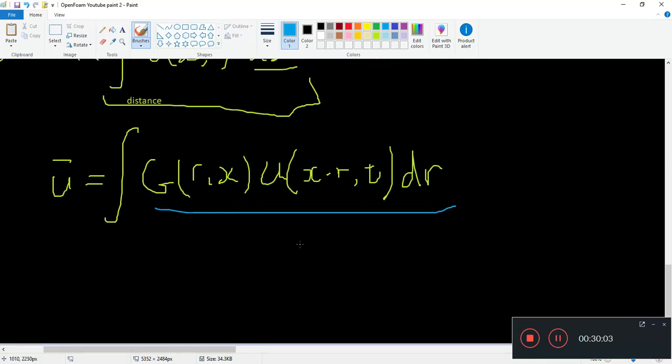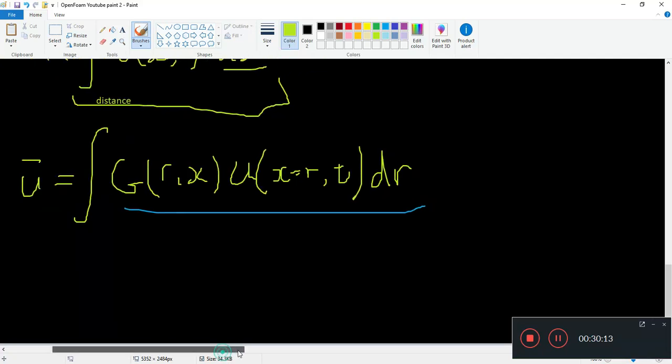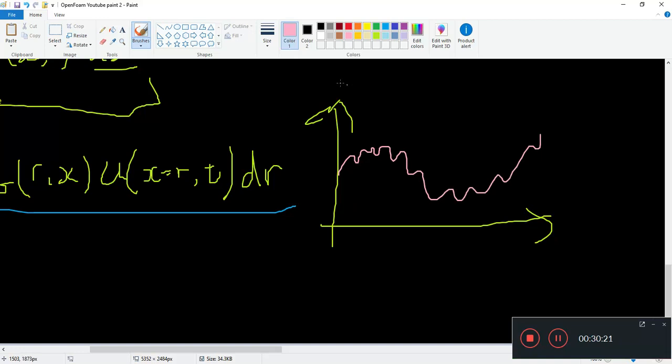Okay, so when you first see this kind of thing, it may look a little scary for sure, but what it's basically saying is that, okay, let's take some distribution u with respect to x, okay. Now this is one dimensional.